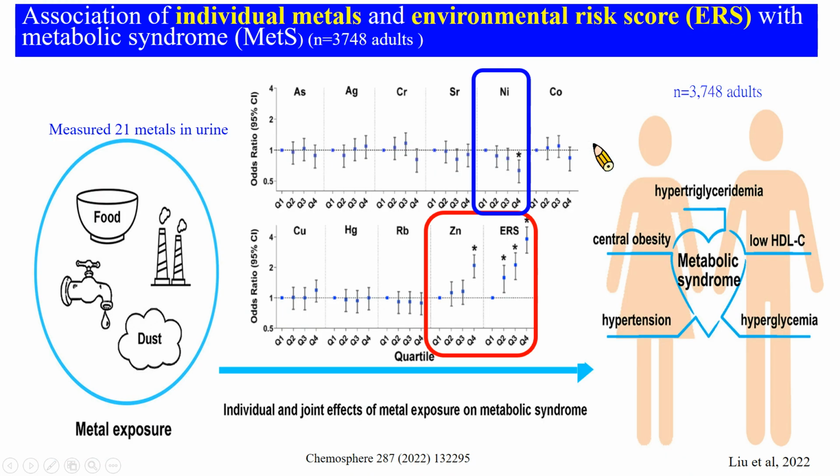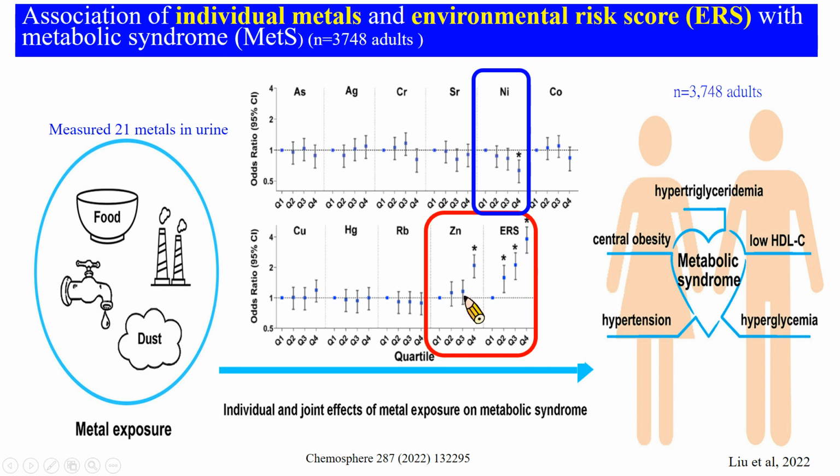Okay, so a recent study also reports an association of individual metals and an environmental risk score with metabolic syndrome. Again, this is a large study involving 3,748 adults. If you look at individual metal exposure and the risk of metabolic syndrome, only nickel decreased the risk of metabolic syndrome in individuals with the highest level of nickel compared to the reference.